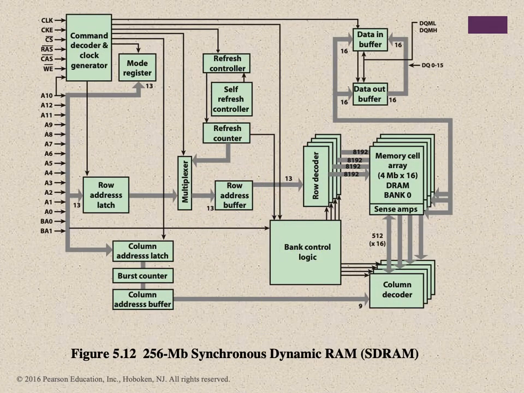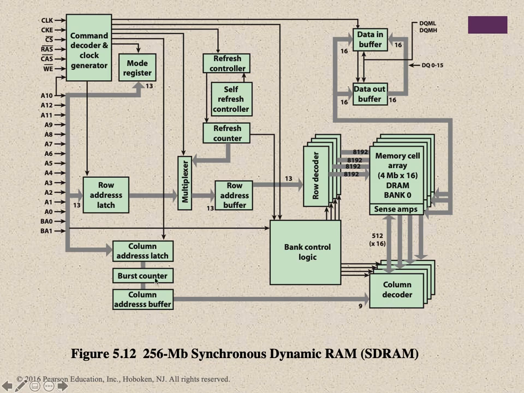This is what the architecture of a 256 megabyte SDRAM looks like. This is our memory cell, 4 megabyte by 16, and in total it becomes 256 megabyte. But there are other components that are required to access these memory cells. For example, the command decoder and clock generator, the mode register, the row address latch, and the column decoder.